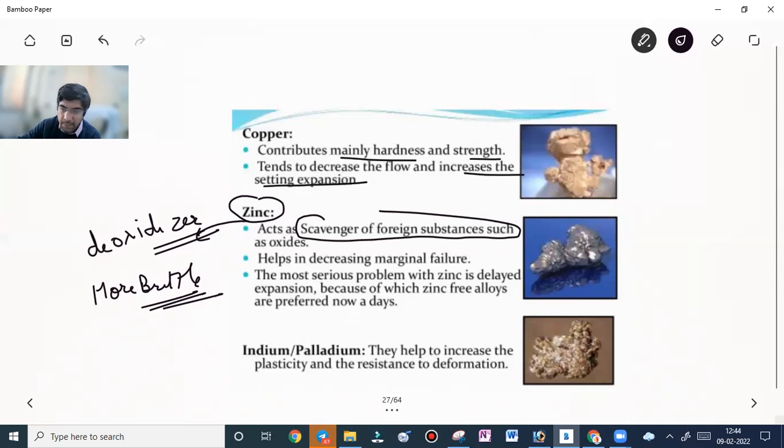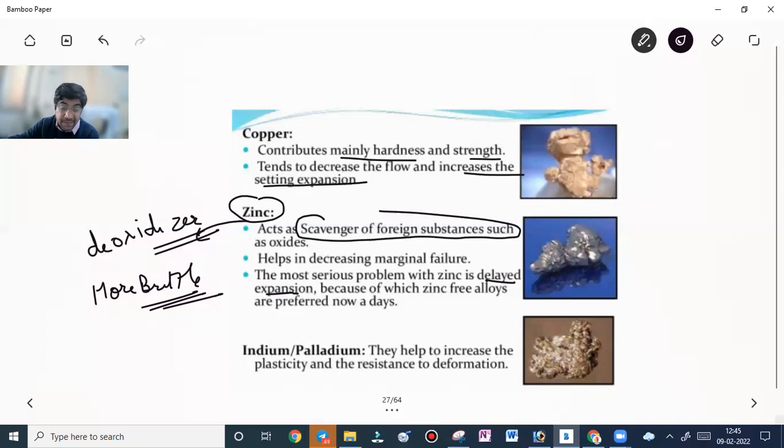Zinc, a very important function, it causes a delayed expansion if the amalgam that is mixed is contaminated with moisture during the manipulation. So what is delayed expansion? It is gradual expansion of the zinc containing amalgam over a period of weeks to months.